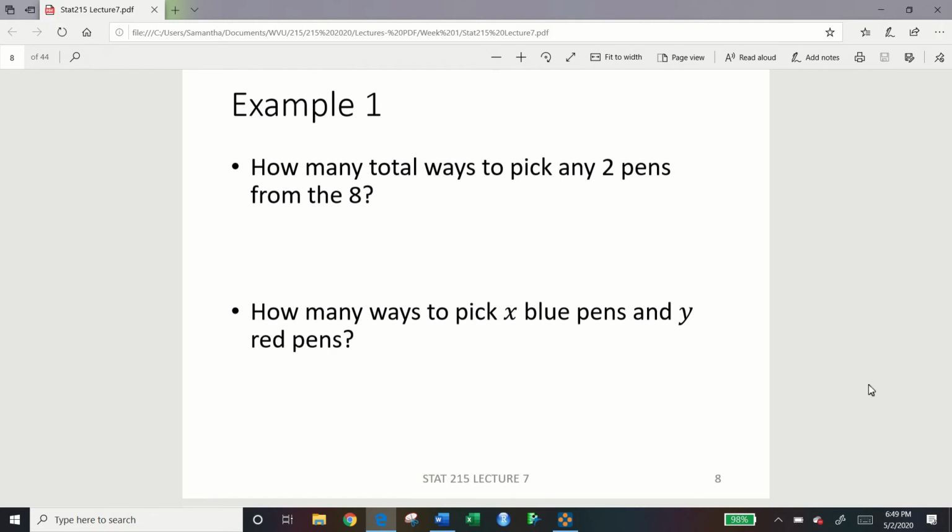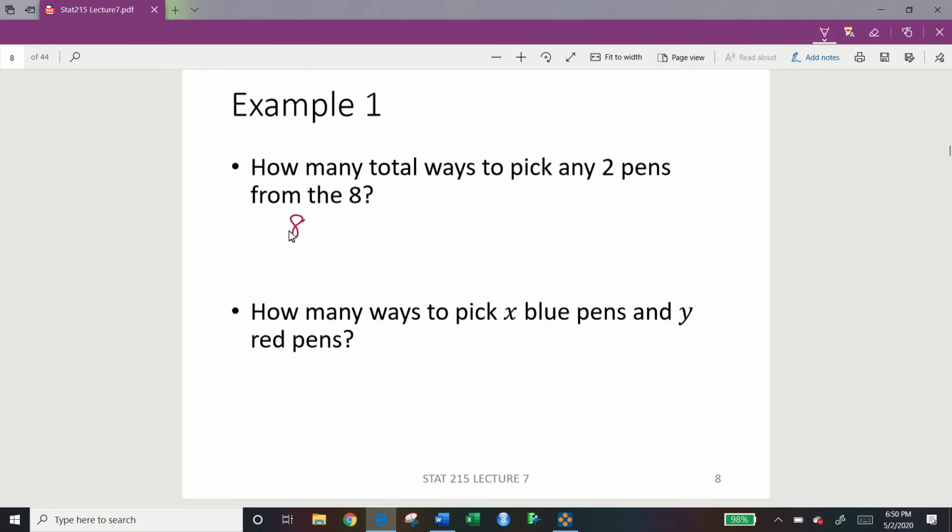So, continuing with our example, how many total ways to pick any 2 pens from our 8? This sounds like a problem we've had to solve before. So we're going to look at 8 choose 2. Using our combination formula, we know that that's 8 factorial over 2 factorial multiplied by 8 minus 2, or 6 factorial.